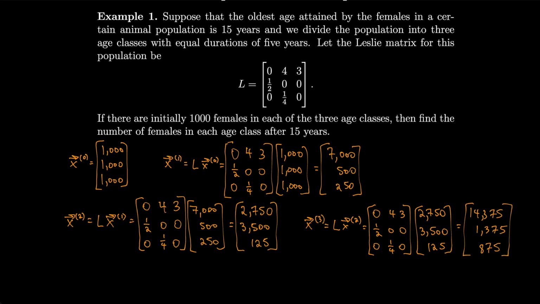So in summation, we would have 14,375 between 0 and 5 years old. We would have 1,375 between 5 and 10 years old.